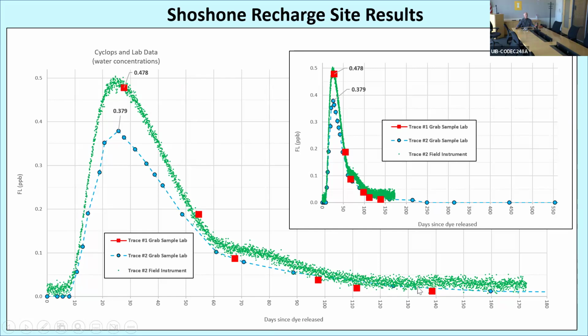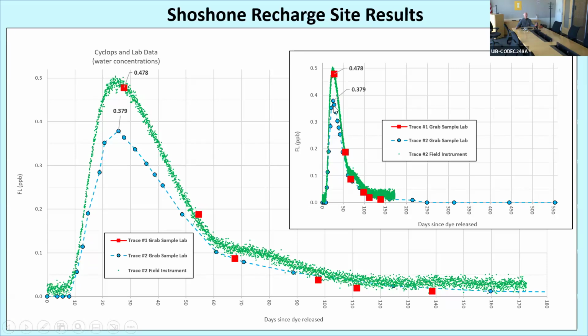And we did 2 traces there with, I think, the exact same amount of dye, had a slightly different concentration, but the shape and timing of that breakthrough curve were essentially the same. And this is at a 3-mile distance, 3.1 mile distance away from the recharge basin. And it's approximately 200 feet from land surface down to the water table in this area.